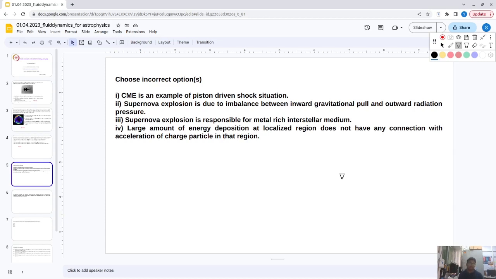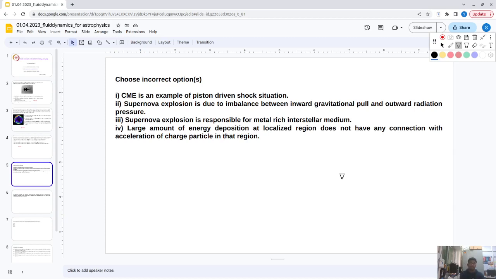And it is accompanied by the solar wind. Okay, you know our solar wind from the previous lectures. So CME is accompanied with the solar wind, and CME is basically a chunk of plasma, right?